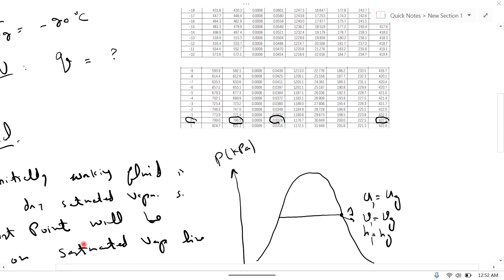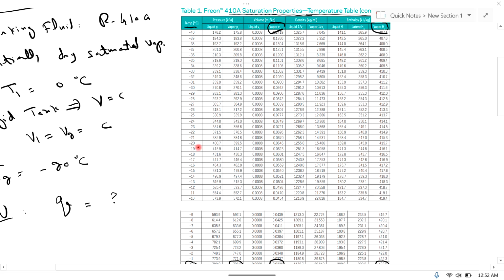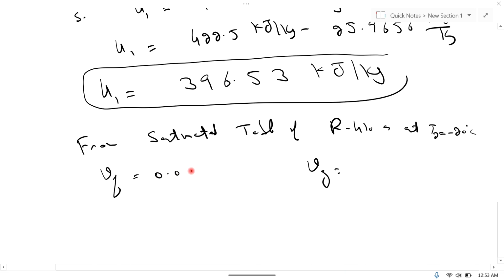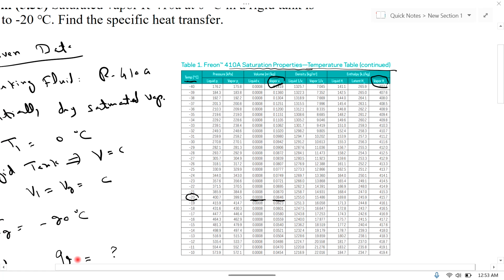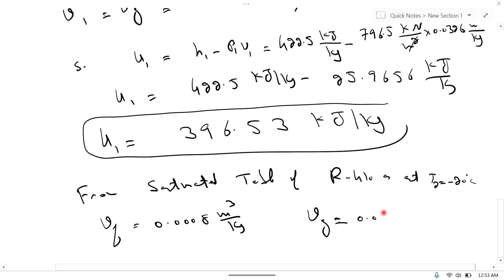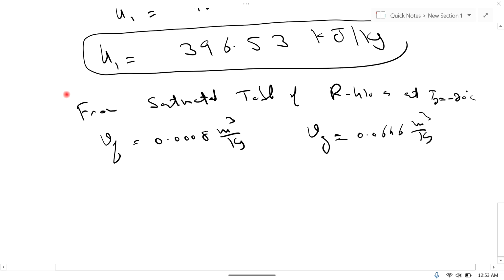From the table, Vf is equal to 0.0008 meter cube per kg, and Vg is equal to 0.0646 meter cube per kg.